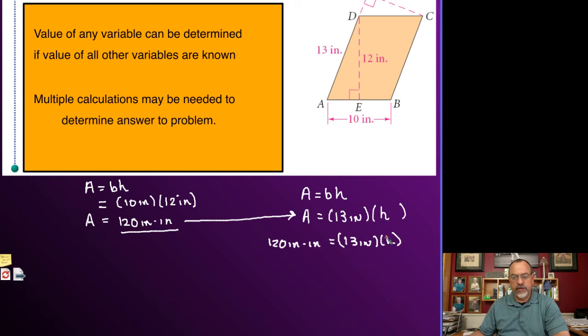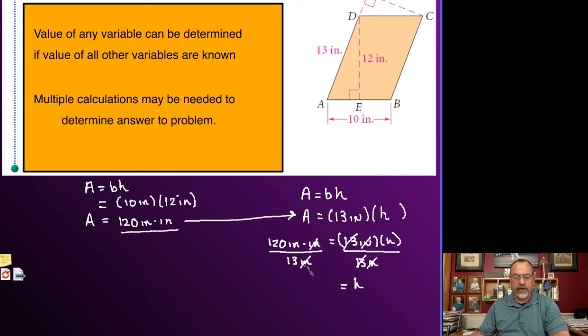So to determine H, I'm going to divide by 13 because the 13s will reduce, but I'm also going to divide by inches because that gives me all of the words and the numbers reduced to 1, leaving me just H. But because I'm going to do that over here, I must do it to both sides, and you'll notice that one of these inches in the numerator will reduce with one of these inch units in the denominator.